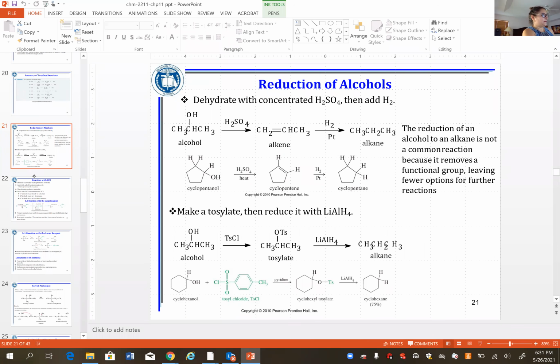Any reactions? Oxidation, very good. Grignard is to prepare alcohols, it is not a reaction of alcohol.